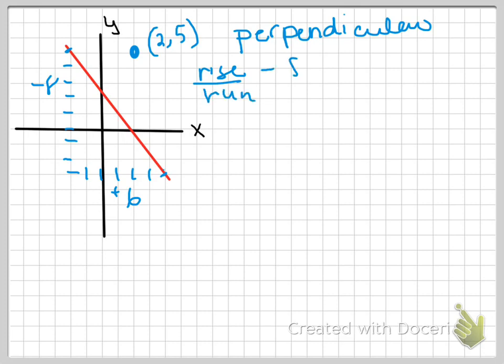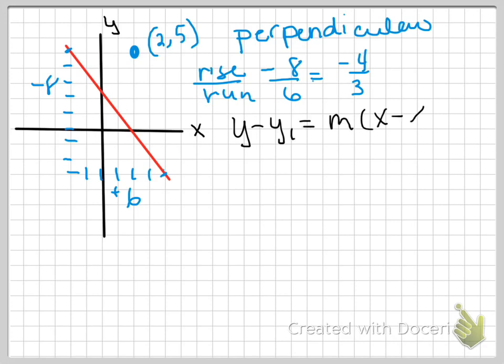So if we use rise over run, that's a negative 8 over 6. If we reduce this, this would be a negative 4 over 3. Alright, so there's my slope. So now let's use our point-slope form. Remember, we need a point and we need a slope.